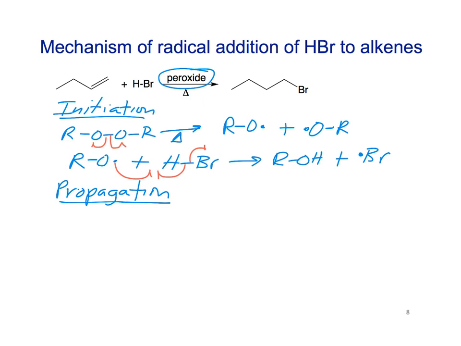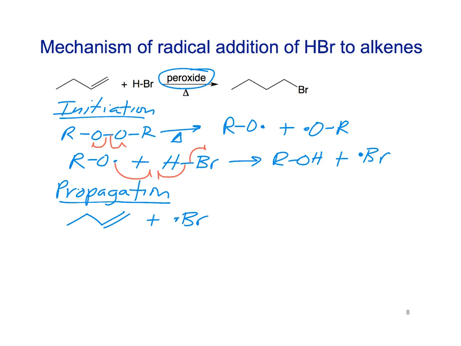Okay, so again, like in every case we've seen, the propagation is the first step that really involves our organic substrate up there. In this case it's going to be the alkene reacting with the bromine radical.